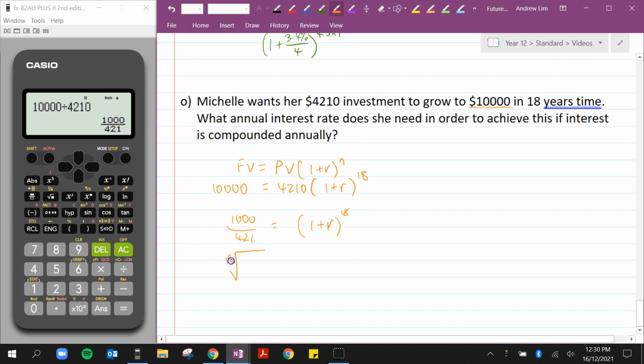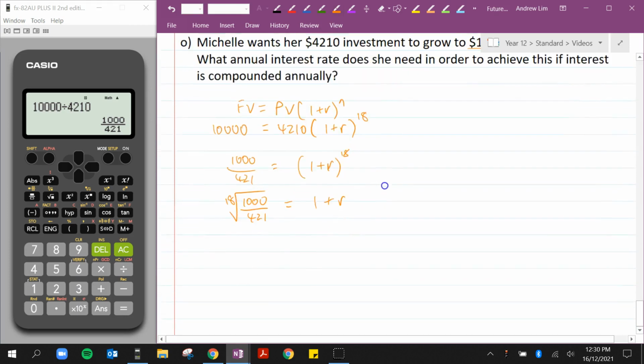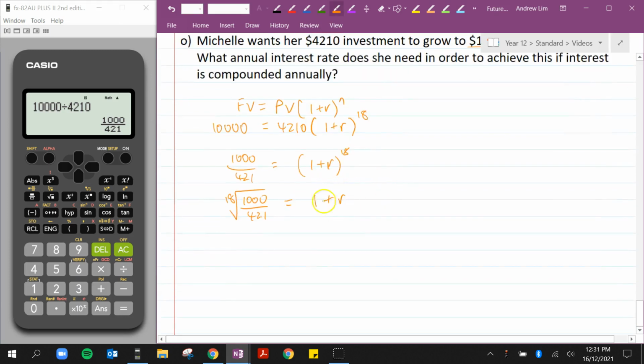So if I do the 18th root of 1,000 over 421, we will get 1 plus r. And then to get the rate by itself, we need to subtract 1. So the annual interest rate will be the 18th root of 1,000 over 421 minus 1.